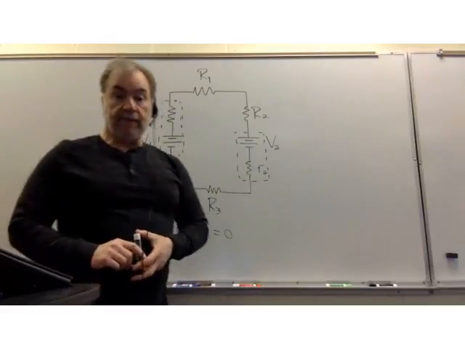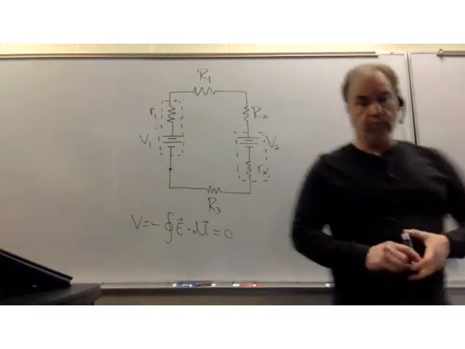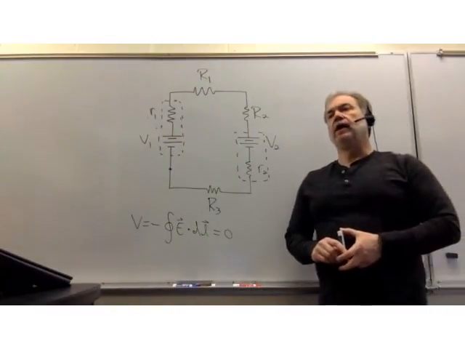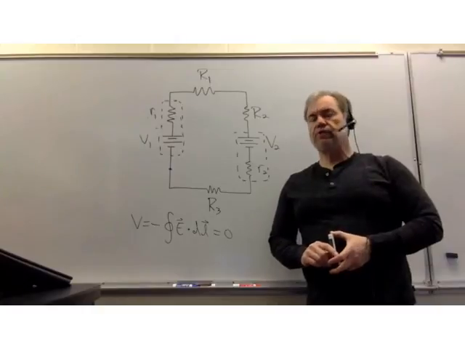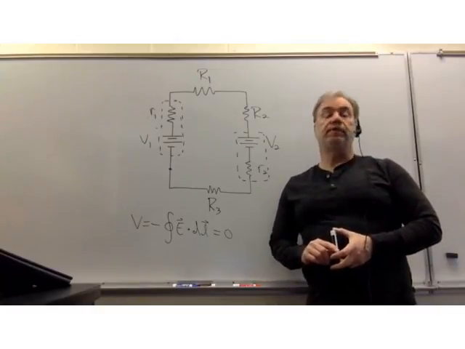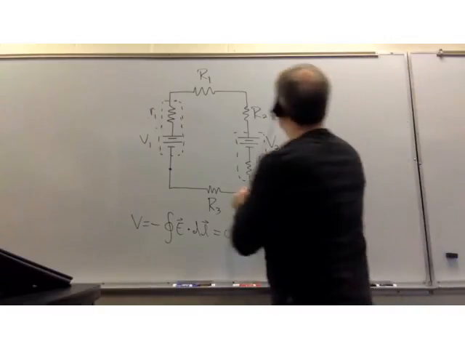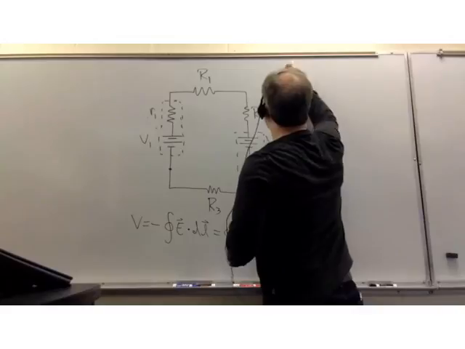The application of this concept to a circuit was first pointed out by, I believe, an Austrian physicist, could have been German. Anyway, it doesn't matter. I'm trying to remember the nationality of the guy who first pointed this out. His name was Kirchhoff.